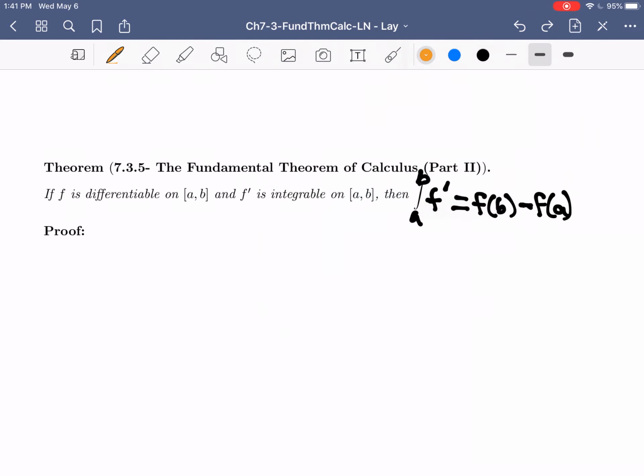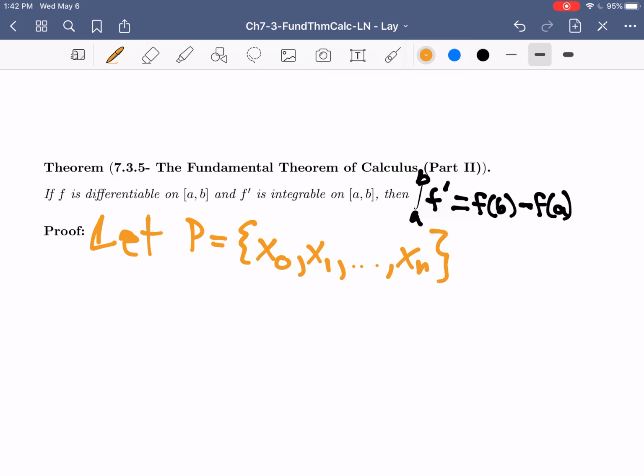Let's prove this. So let P be any partition of that closed interval from a to b.